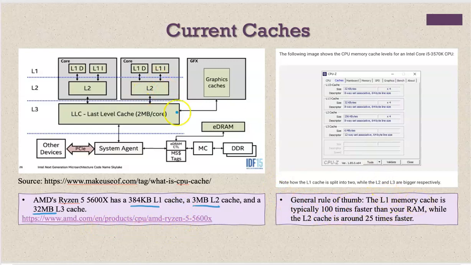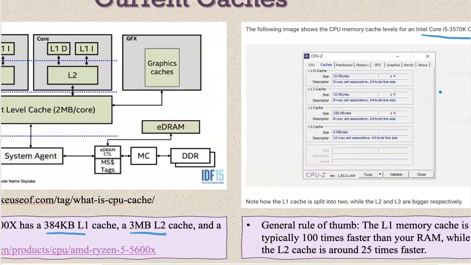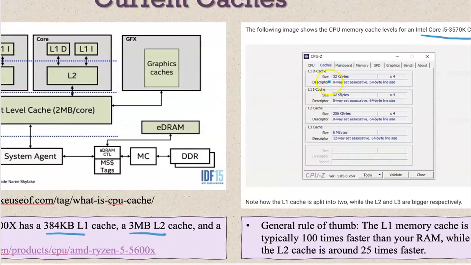And then here we can see the size of the L1, L2, L3 cache of the Intel Core i5-3570K CPU. Let us zoom a bit on this one. Here we can see that we have L1D and L1I cache. These are two L1 caches, separated into two for better performance.